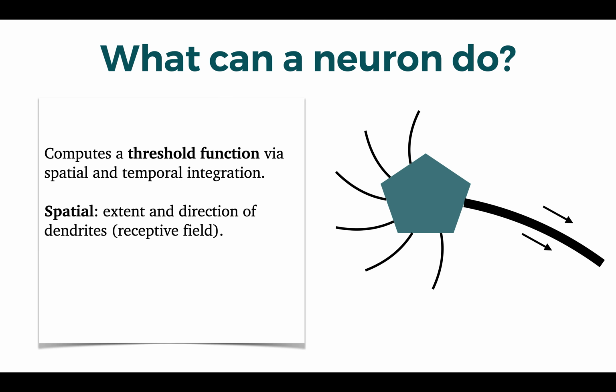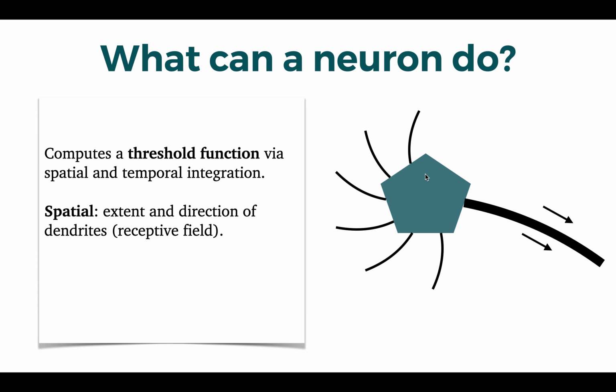So if you think about a neuron, this is my handy dandy little model here. You think about the fact that neurons are being synapsed upon by other neurons, right? So the dendrites of this neuron are connecting to other things.